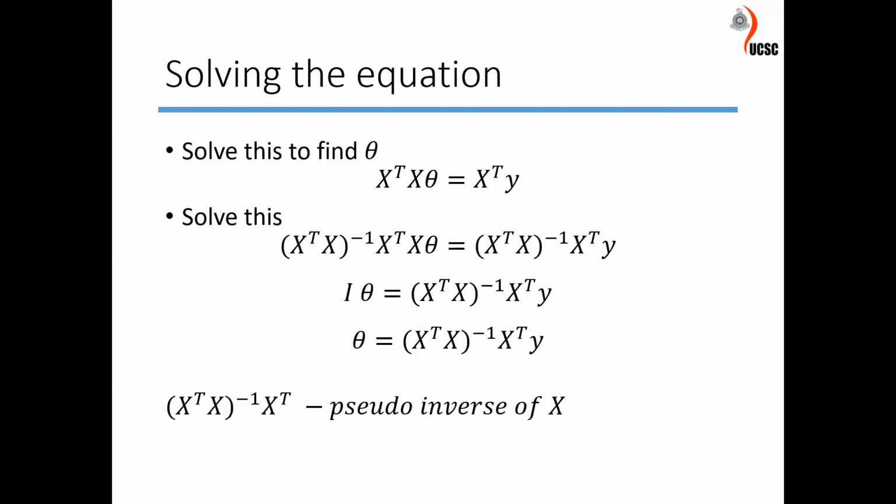We call this part, X transpose X inverse into X transpose, the whole thing, the pseudo inverse of X. It's just the name. Then here we have the Y, the actual value.